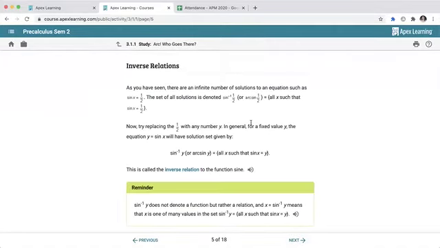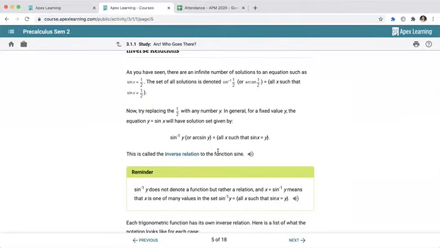Okay, so then, looking at inverse relations, like I said, you can write that as sine to the -1 or arc sine. And what we can do is write it in a general form.